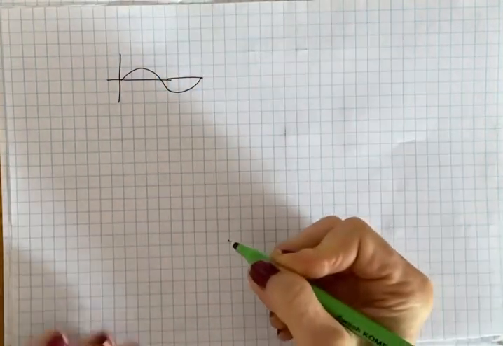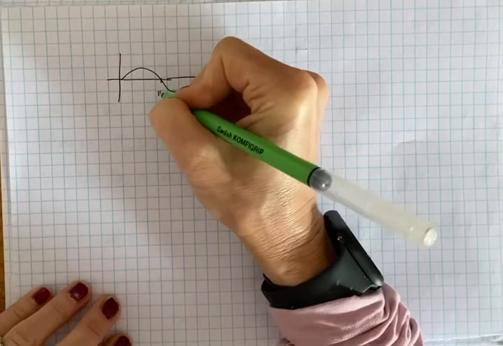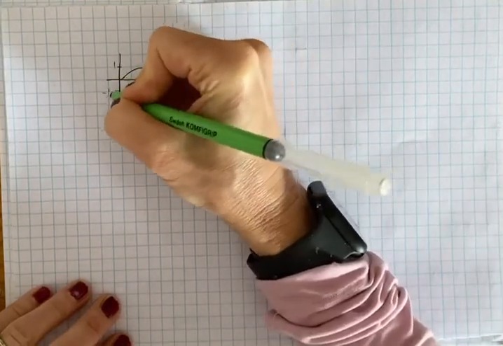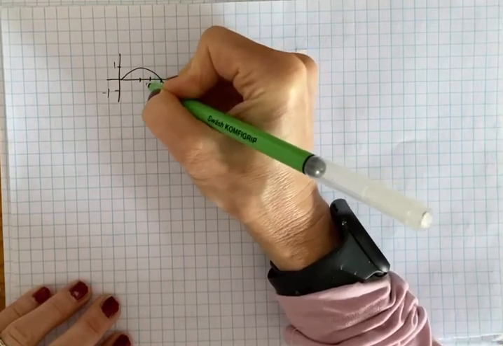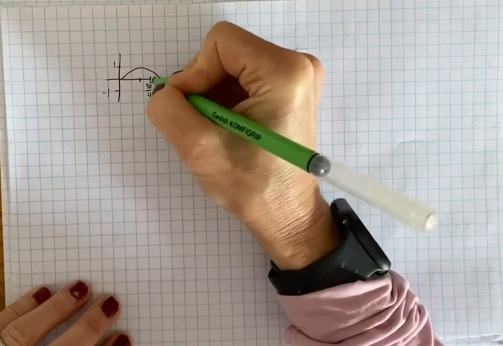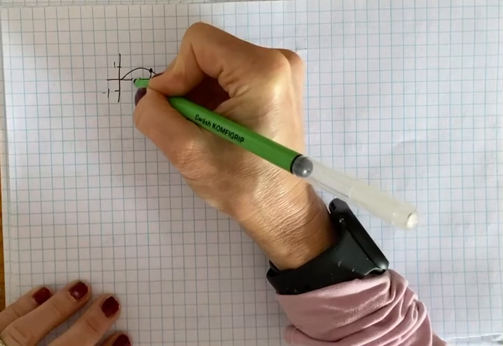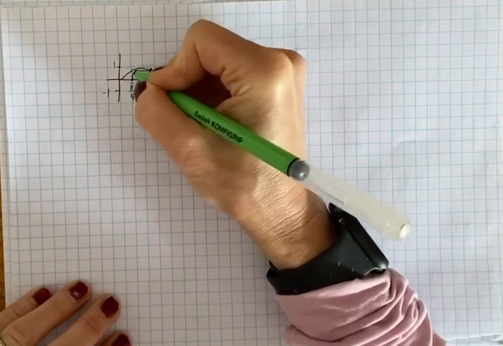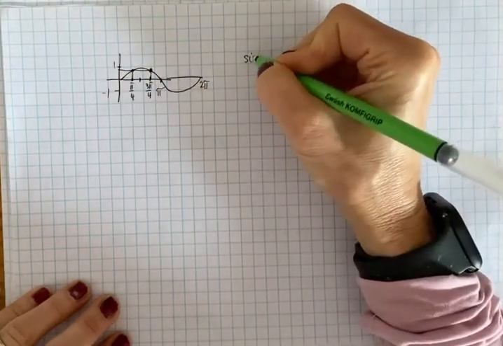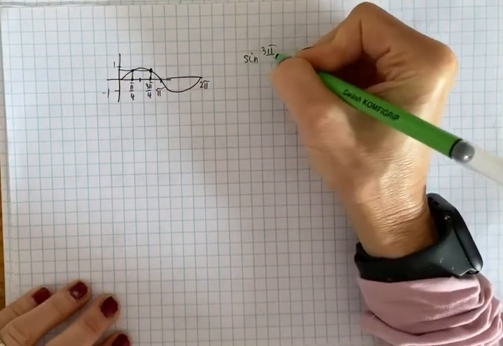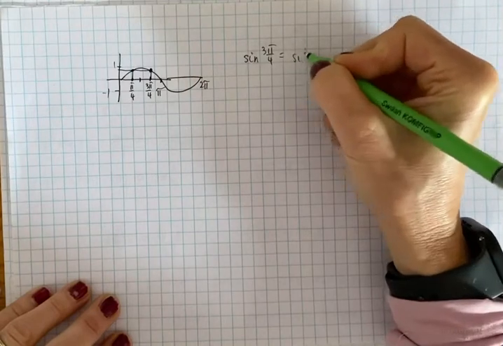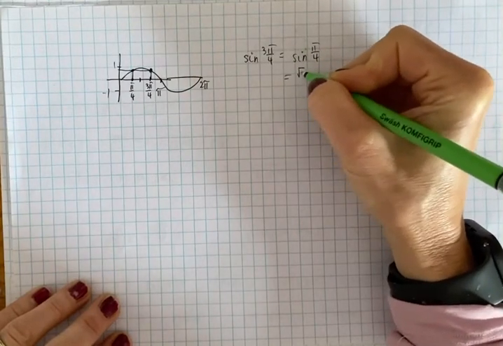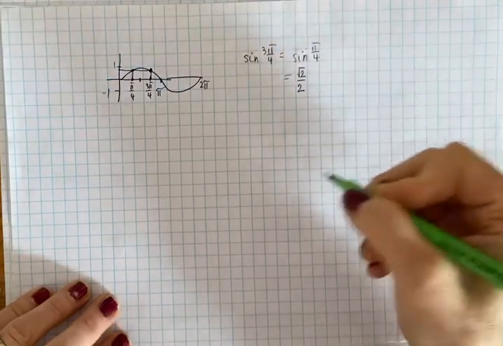So if I draw the sine graph, where is 3 pi over 4? So this is pi, this is 2 pi. So 3 pi over 4 is over here. This is going to be the same as an acute angle of pi over 4, which is 45 degrees. So sine 3 pi over 4 is the same as sine pi over 4, which is root 2 over 2.